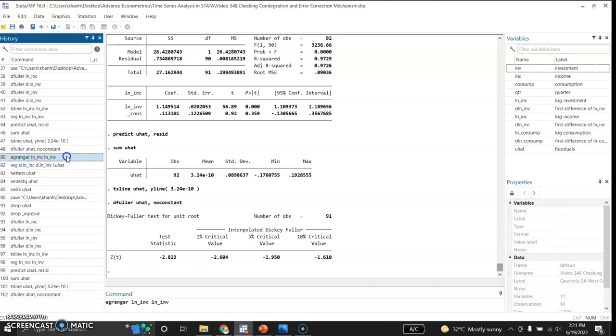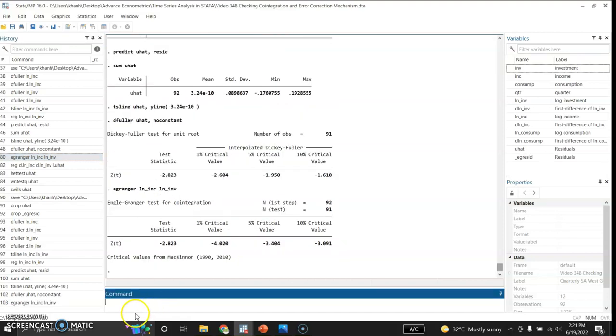For that I will first run this Engle-Granger natural log of income and natural log of investment, and these are the residuals, and these residuals have been created here also, Engle-Granger residuals, and again this value is less than these.